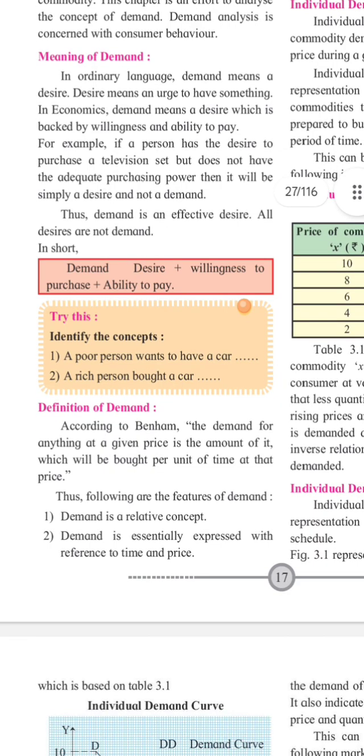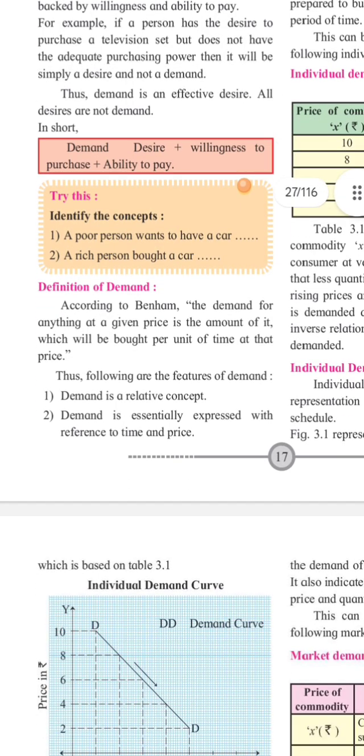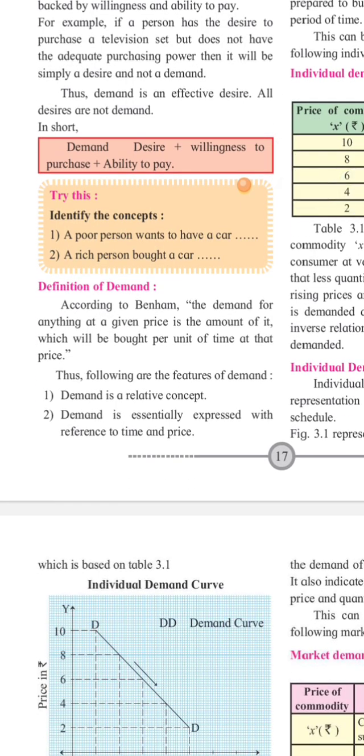You can see here, demand: desire plus willingness to purchase plus ability to pay is the demand. So demand and desire both are different. Therefore, demand is equal to desire plus willingness to purchase plus ability to pay.